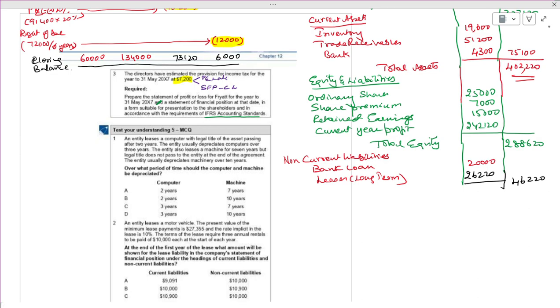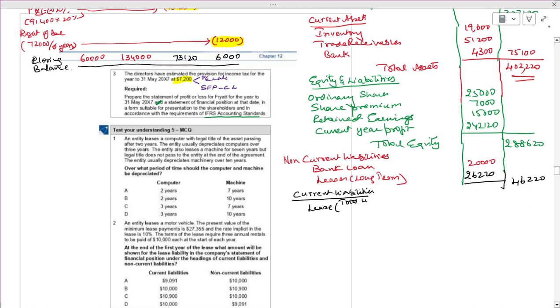Now, current liabilities. I will tell you the shortcut now. The rule says that total liability minus non-current liability is the current liability. What is the formula?